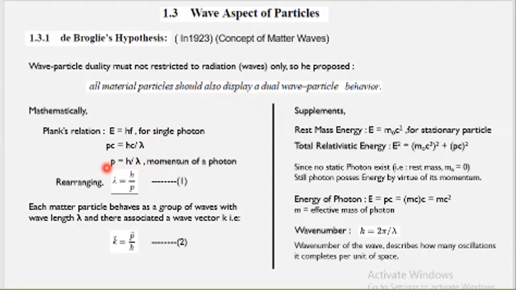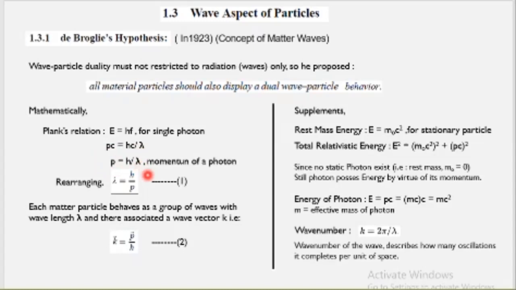And we know that momentum is the characteristic of a particle, so it's purely a particle's property. And lambda is purely the characteristic of a wave. So this is the relation that we get. A particle's characteristic is related to the wave's characteristic in an inverse manner.